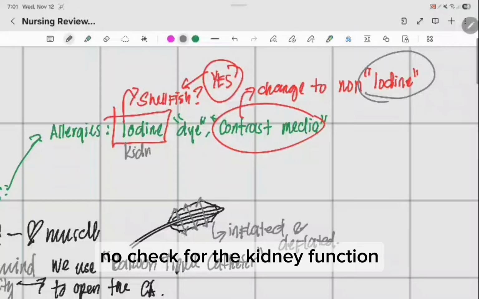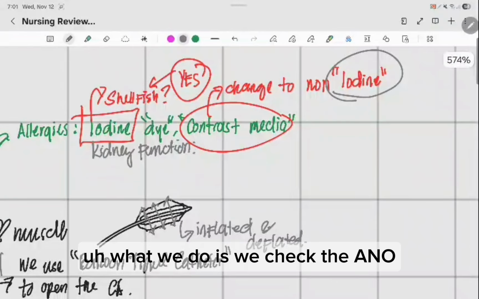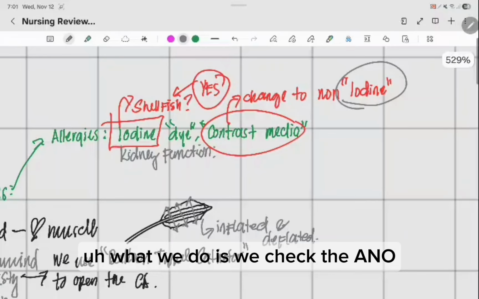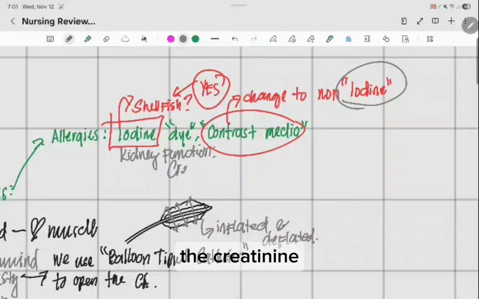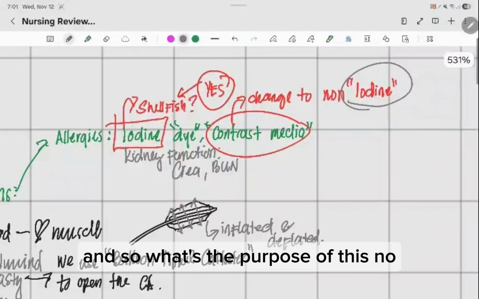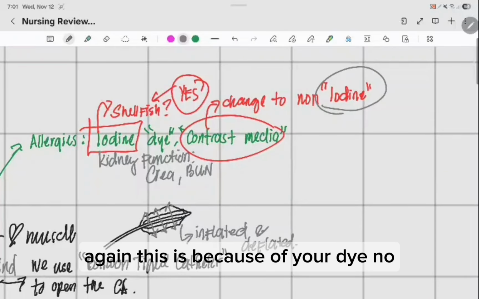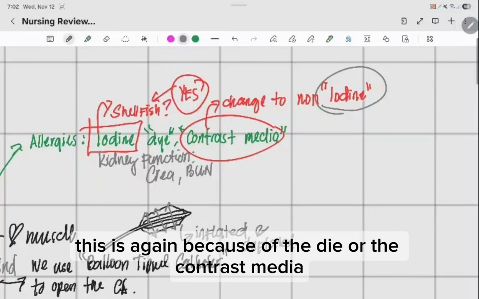So what we do is we check the creatinine and BUN. What's the purpose of this? These two are very important laboratory tests. Again, this is because of the dye, or the contrast media.